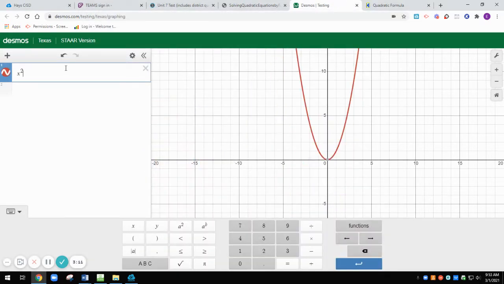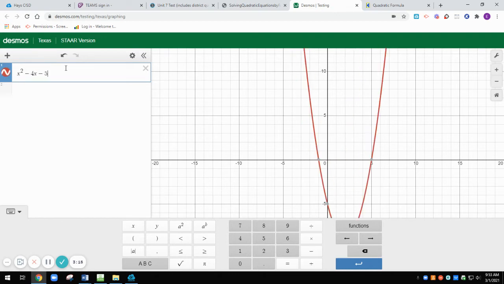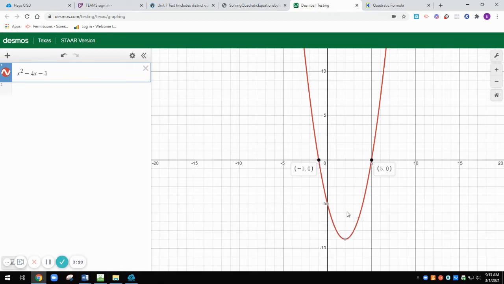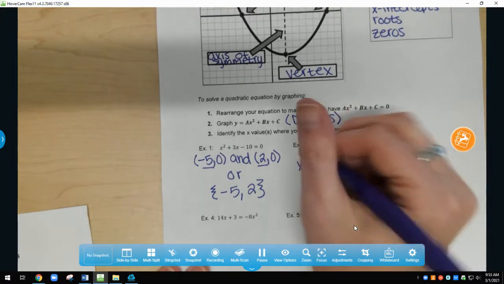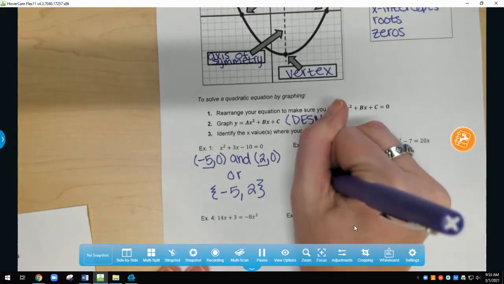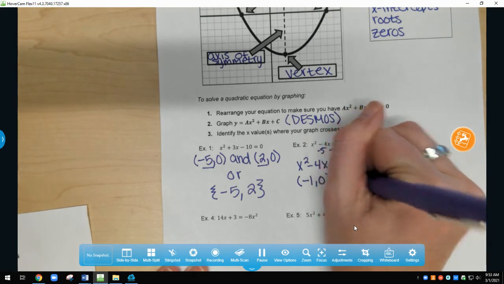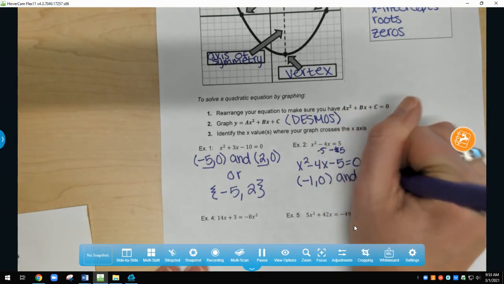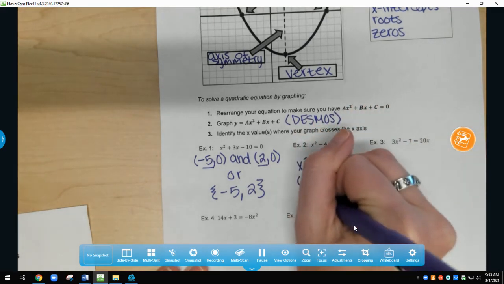So we have x squared minus 4x minus 5. Okay, so we have negative 1, 0, and 5, 0. Again, you can write it as an ordered pair or as a set.